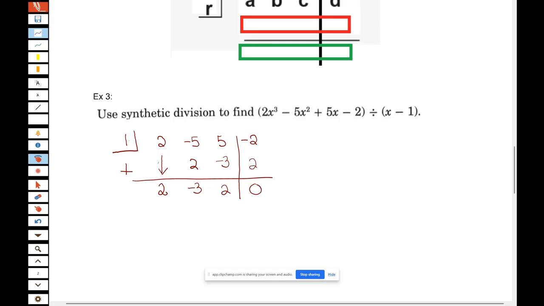And because we are dividing an x to the third by an x to the first, our answer starts with an x squared. So that means our quotient is 2x squared minus 3x plus 2. And if you were to do long division, I will show you, you will get the same answer.